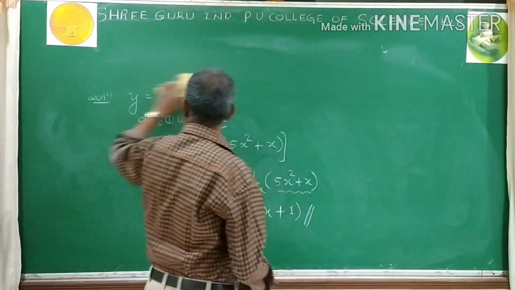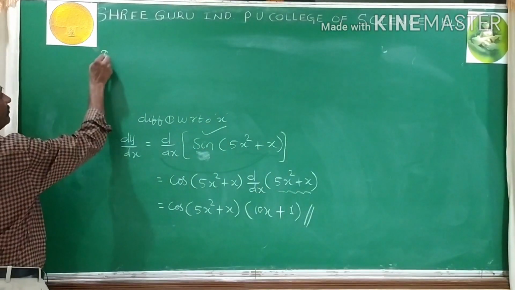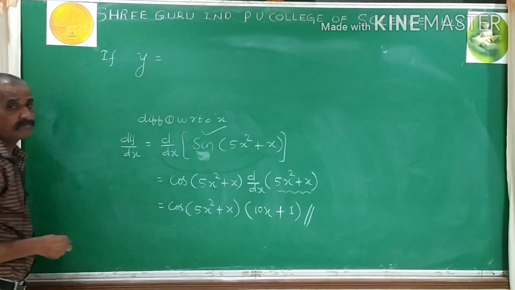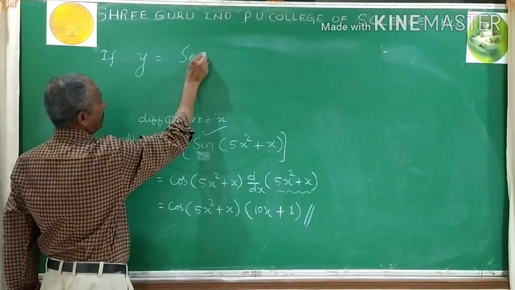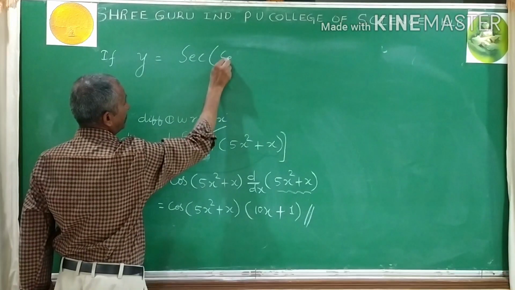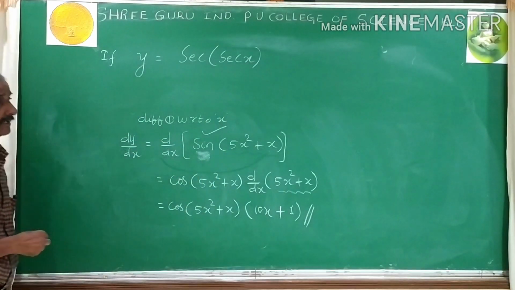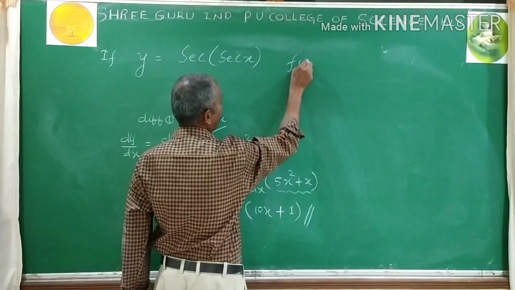Next problem, under composite functions. If y equals secant of secant x, sec of sec x, then find dy by dx.